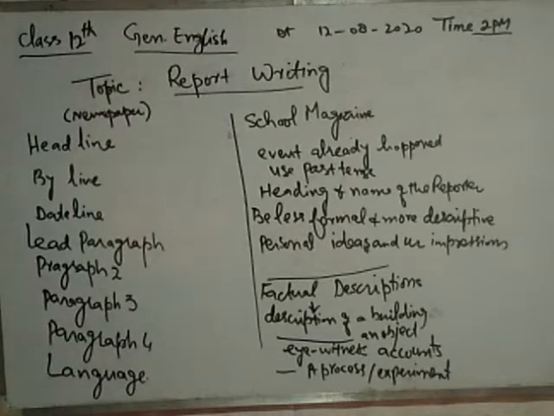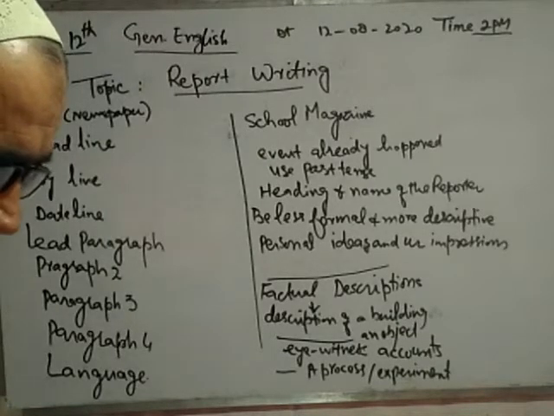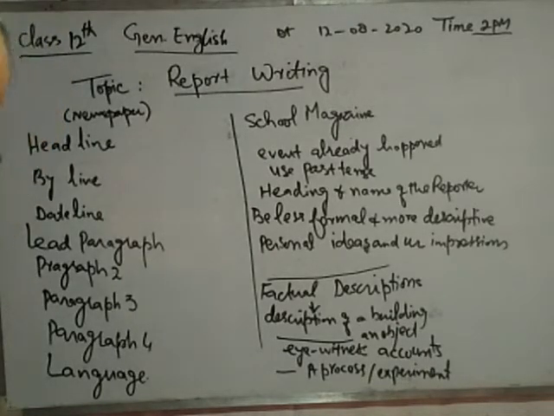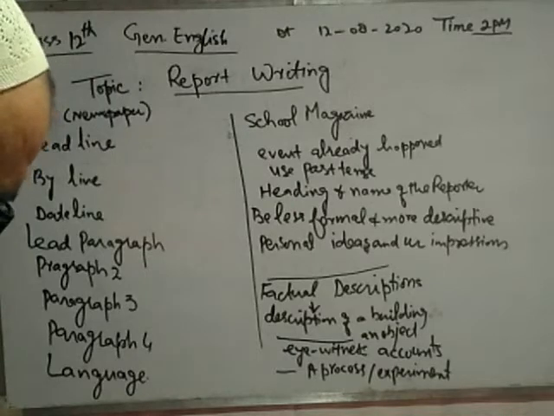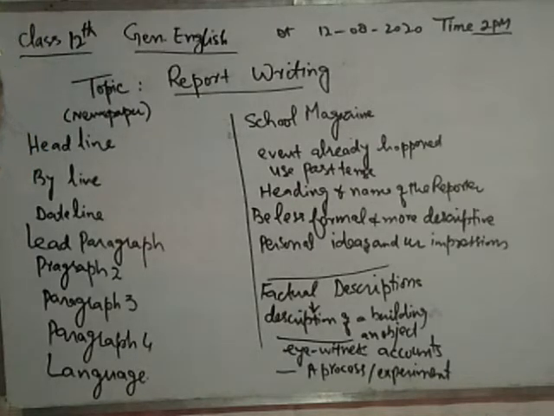It must be catchy. It must be brief. It must be appealing. Second, byline. It is the line with your name or with the name of the article writer or report giver or reporter.